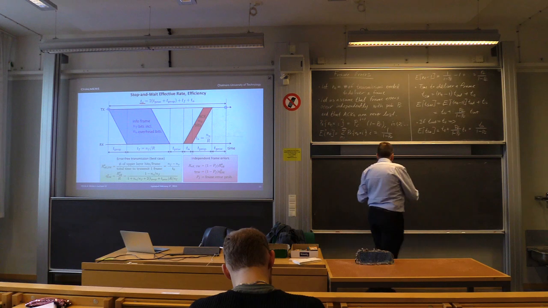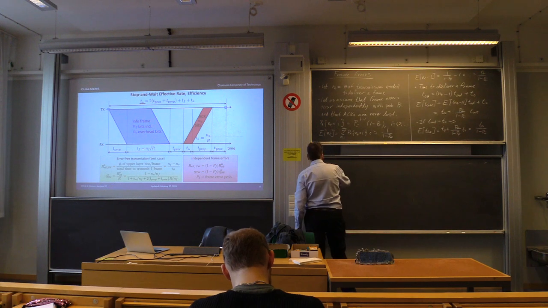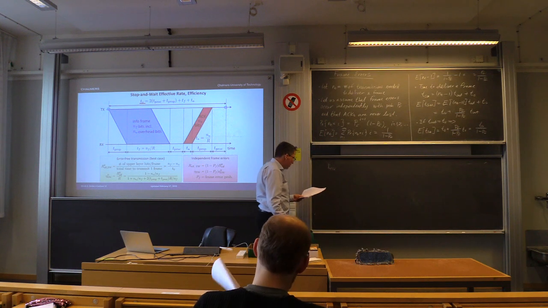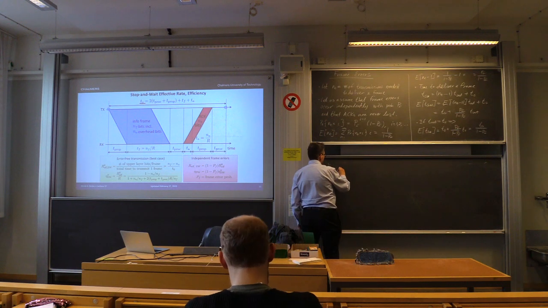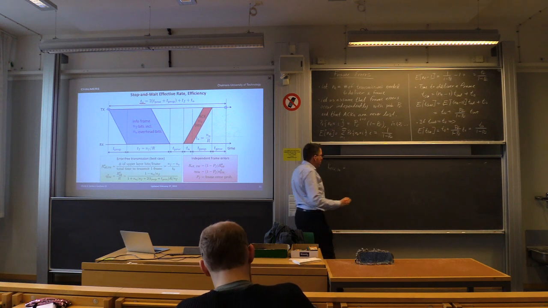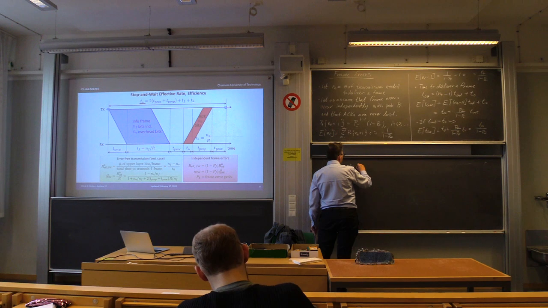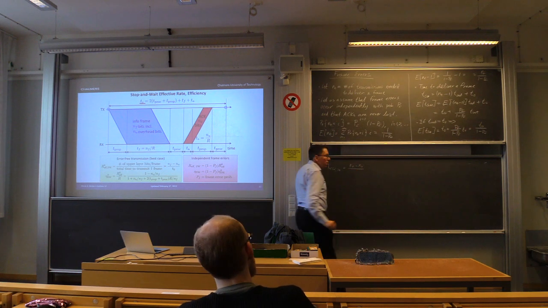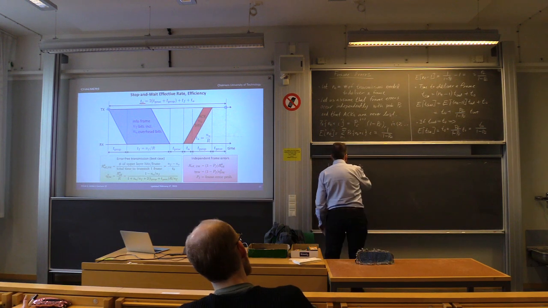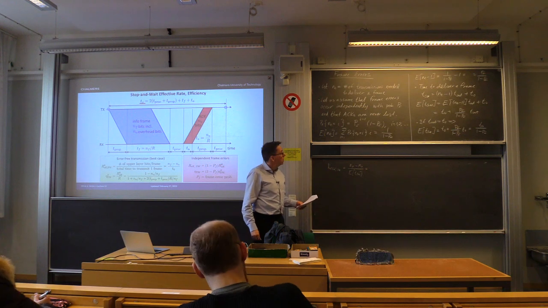So we can now calculate the effective rate. The effective data rate we get for stop and wait is the number of bits in the information frame, which is NF minus NO, divided by the average time it takes to transmit that frame, which is the expected value of TSW, which we just calculated.